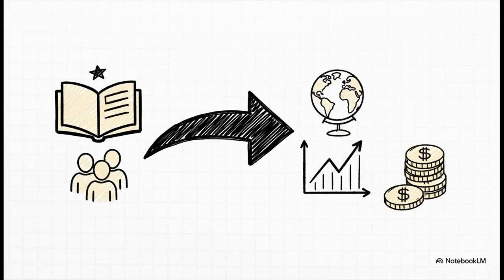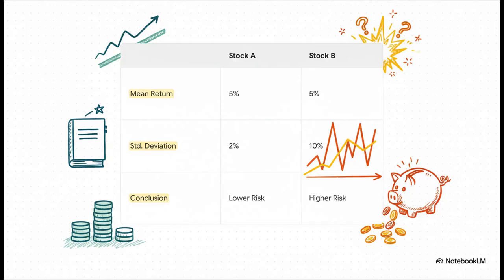And this whole idea is so much bigger than just some made-up classroom example. This exact same logic, using standard deviation to weigh consistency against risk, is used to make decisions worth millions, even billions of dollars every single day, especially in the world of finance. Check this out. It's the same exact story, just with two stocks. Just like our study groups, they both have the same average return, 5%. But their risk profiles?